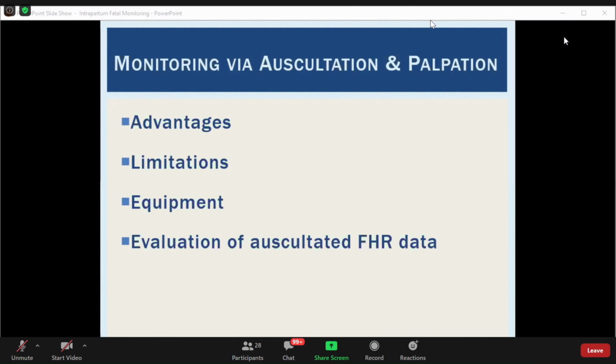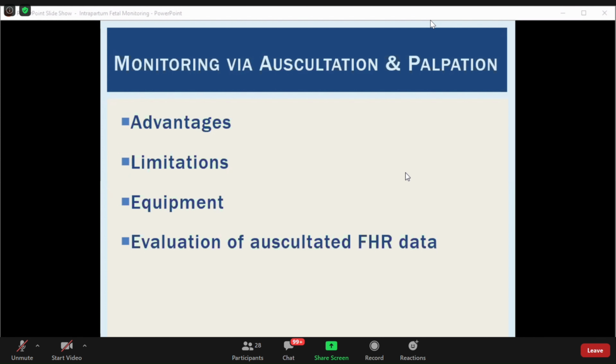If it's slightly difficult to indent and it feels more like your nose, those are considered moderate contractions. Strong contractions, you cannot indent, so it feels very firm and that feels like your forehead. So just as a point of reference, that's what it feels like to your fingertips, okay?